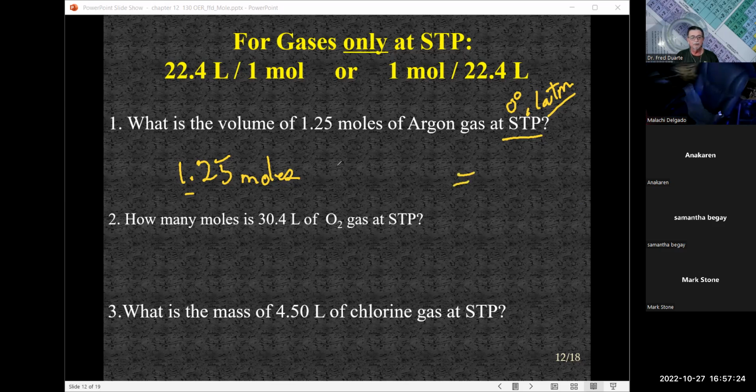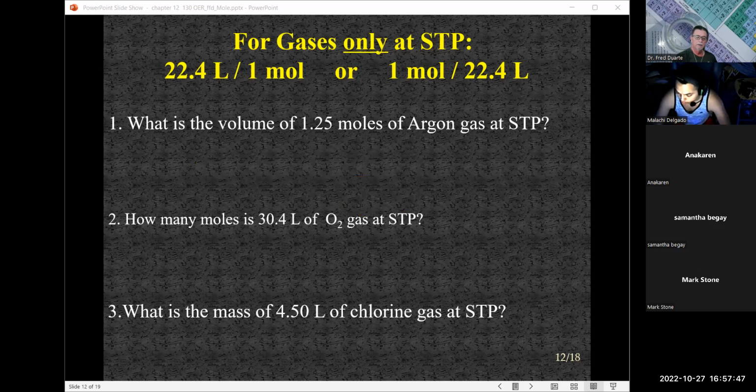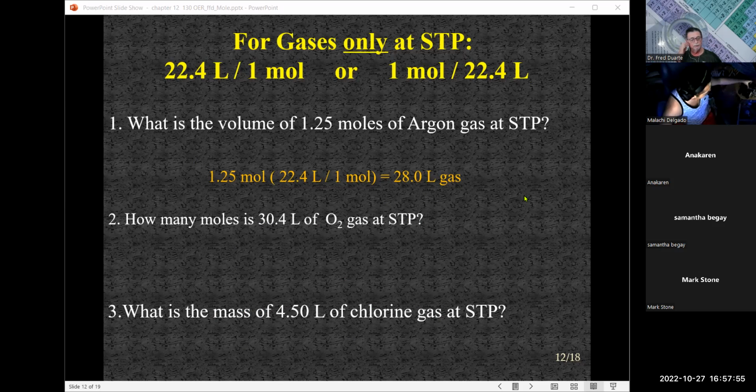We're looking for volume, so we put 22.4 liters in the numerator and 1 mole in the denominator. Moles cancel, leaving us with liters, so you just do the math. And that answer is 28.0 liters of gas, equivalent to 1.25 moles of argon gas at STP only.